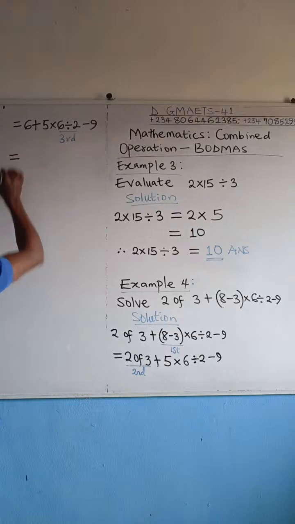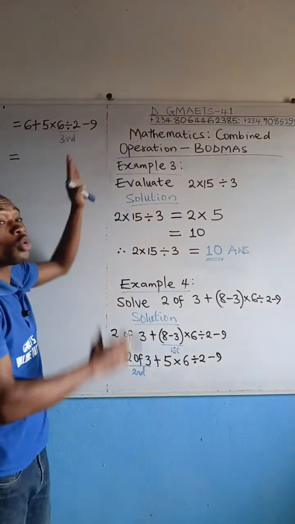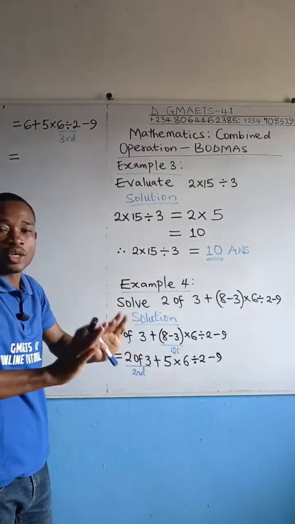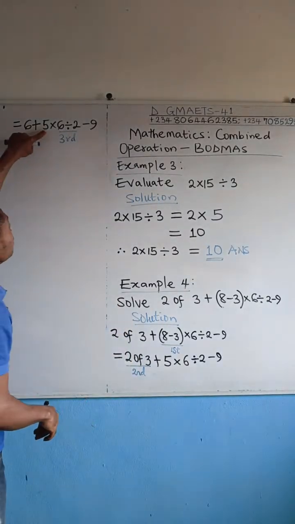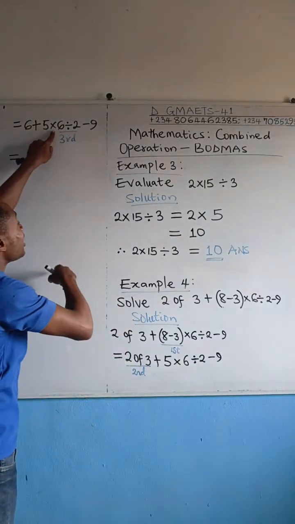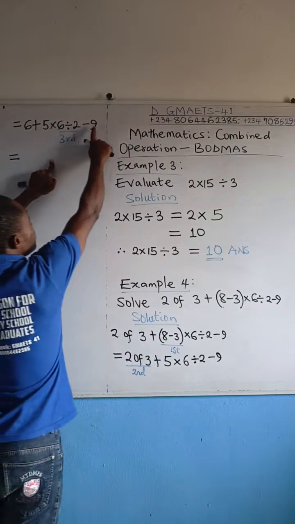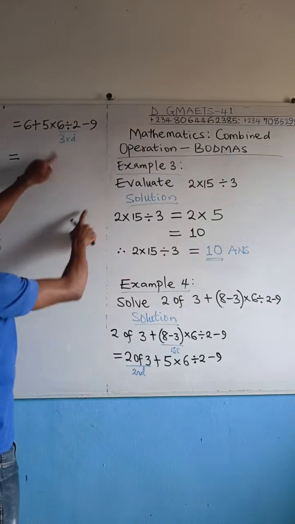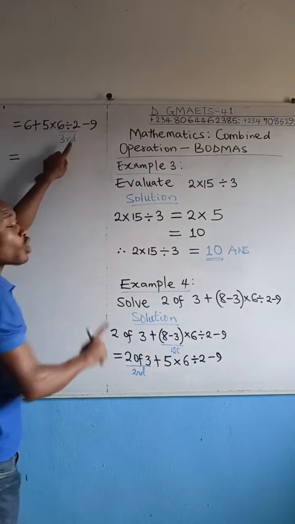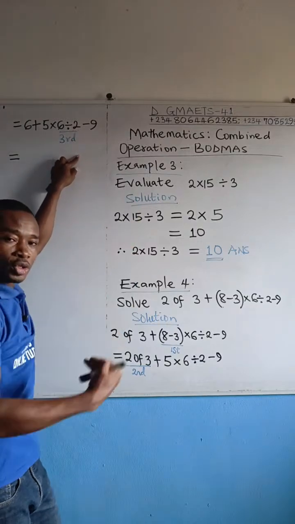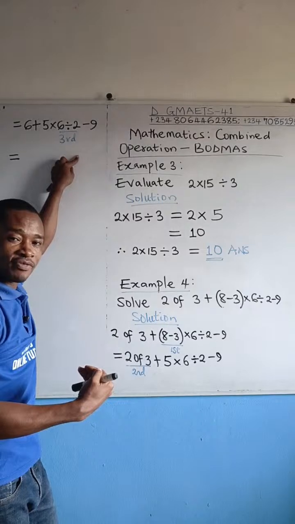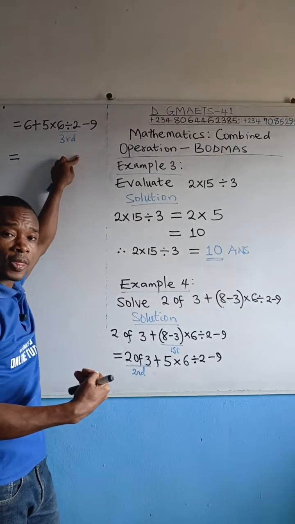Every other number will be brought down exactly the way they are: 6 plus 5, times, and minus 9. Then 6 divided by 2, if you solve it, you will get one single number, which you bring down.